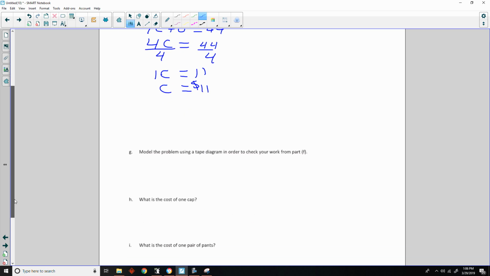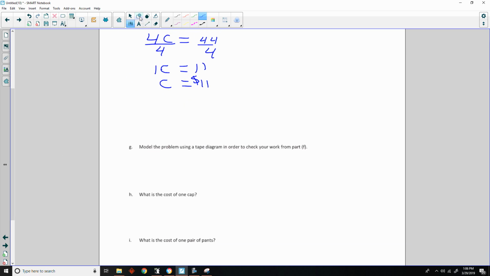Now it says to model the problem using a tape diagram. Okay, so I draw a tape diagram. What would that look like? It would have, how many ball caps are we buying? 4. 4 baseball caps, 2 pair of pants.